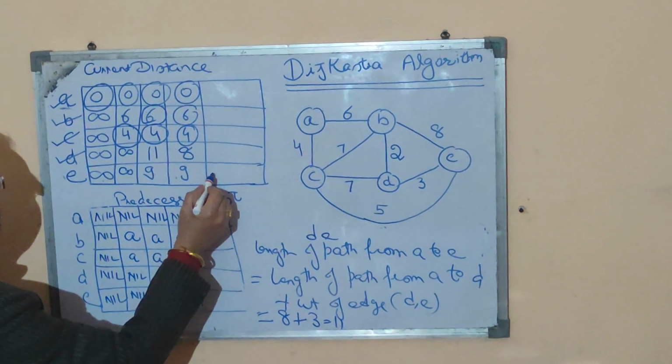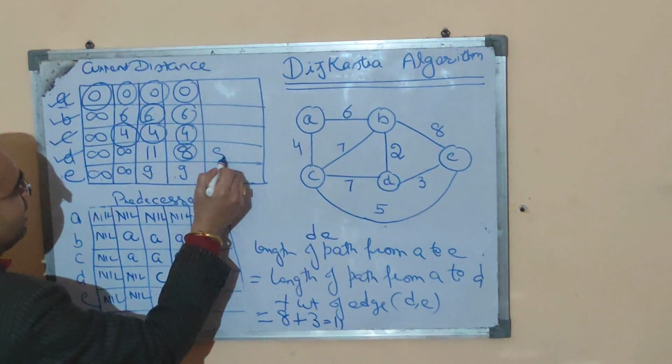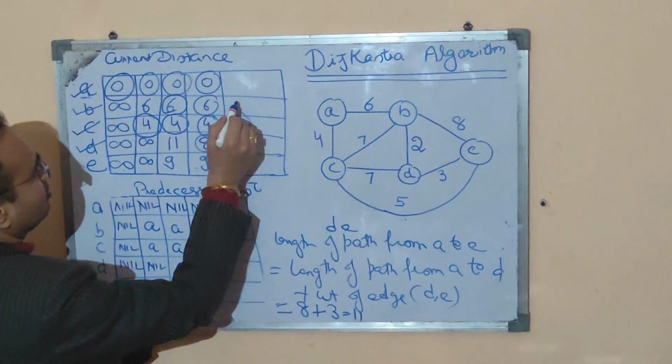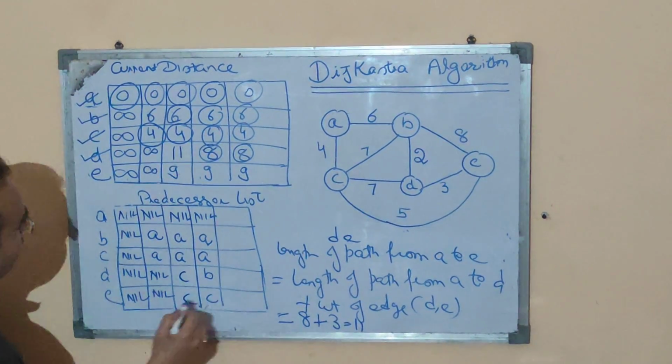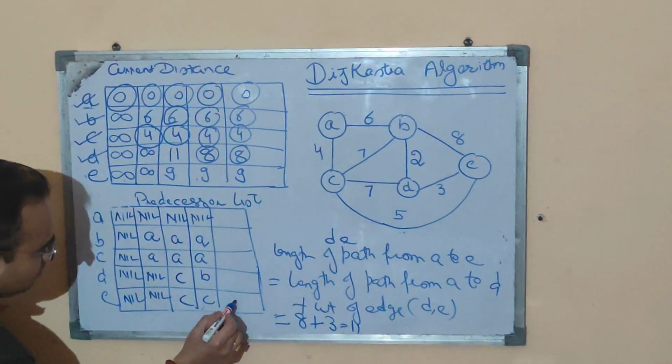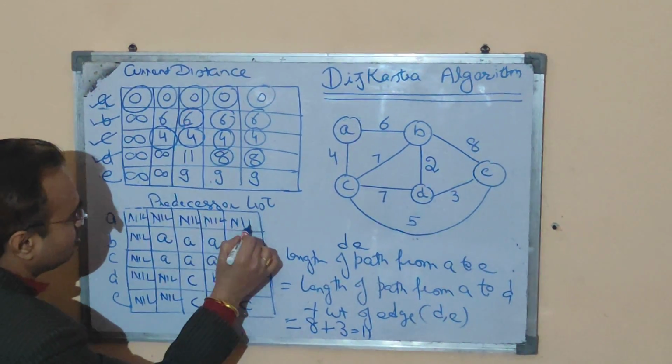I am not going to update it. This was finalized. So this will be kept as 9. I am not going to update the predecessor also. So this is this one.